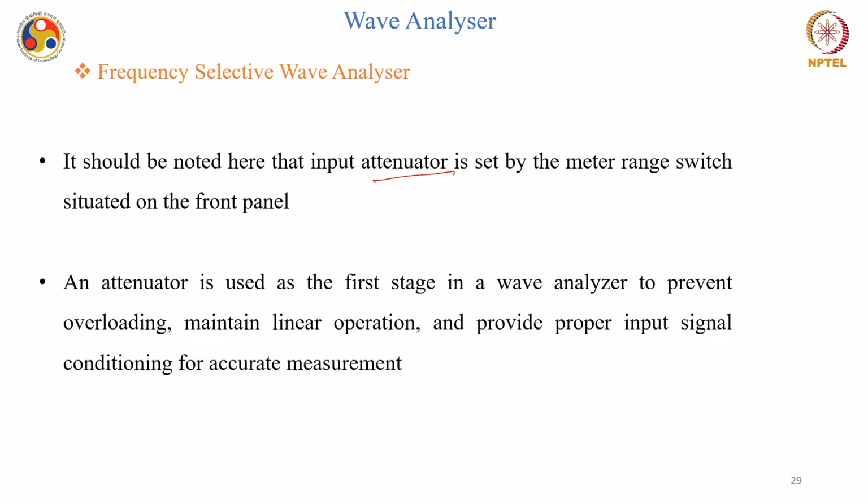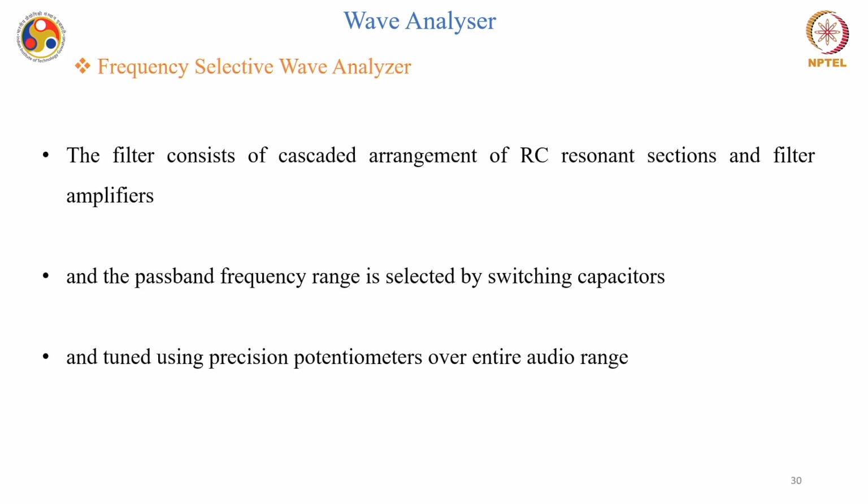You can tune the attenuator value as per your requirement, and of course, it will depend on what you are feeding to it. An attenuator is used at the first stage in a wave analyzer to prevent any kind of overloading. It also helps in maintaining the linear operation of the overall circuit and provides proper input signal conditioning for accurate measurement of the input signal.